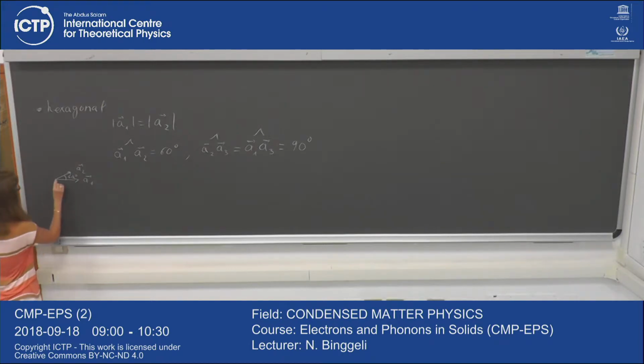Then the third vector is perpendicular to the plane of these 2 vectors. So A3 is here and has an angle of 90 degrees with A1 and with A2. So this is the hexagonal Bravais lattice.